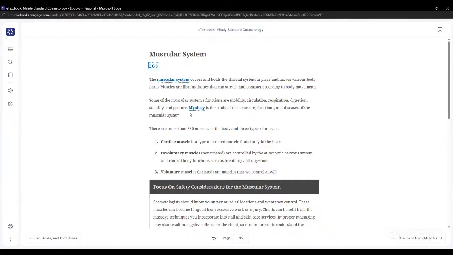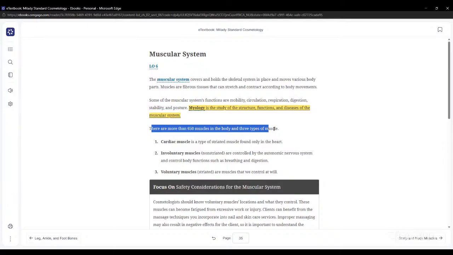When you look at a technical term for the study of the structures, the functions, so we know what the muscular system is, but myology is our technical term for the study of the muscular system. So we need to study the benefits, the functions, the diseases, all of that is under myology. Okay.